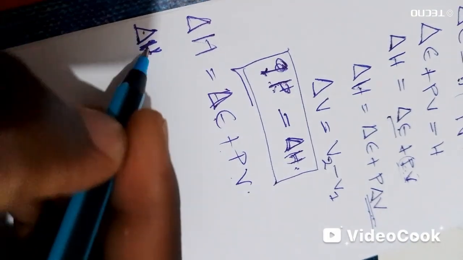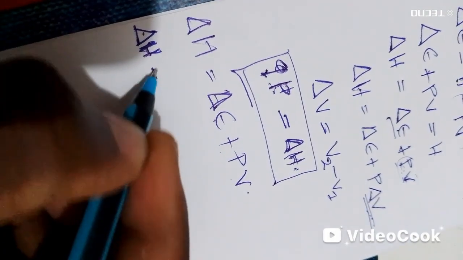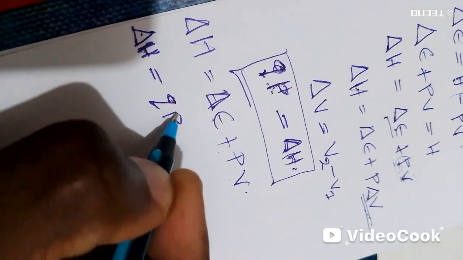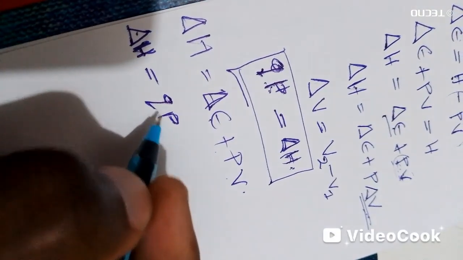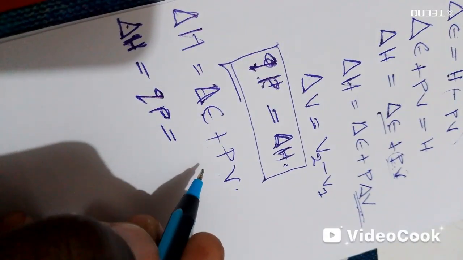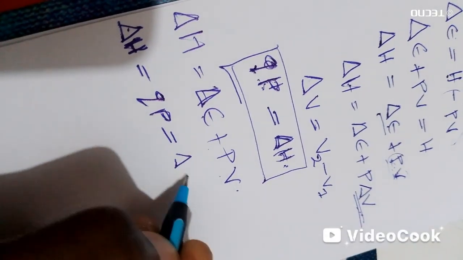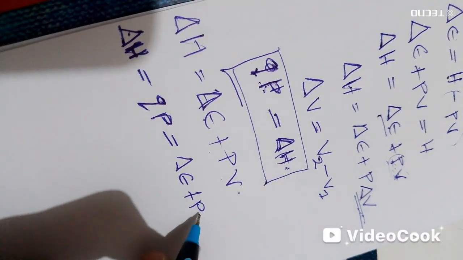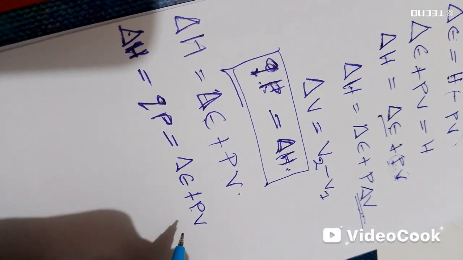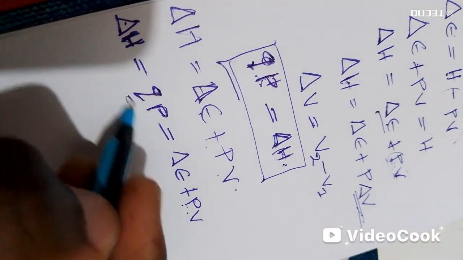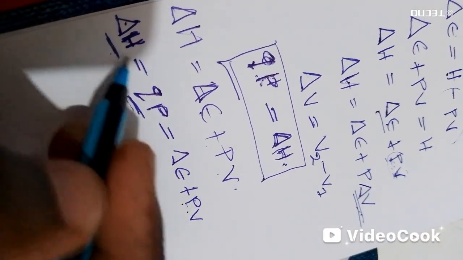Enthalpy can also be equal to Q at constant pressure, which is the same thing that we did: the change in energy plus the product of P and V, pressure times volume. So you can use this to find enthalpy.